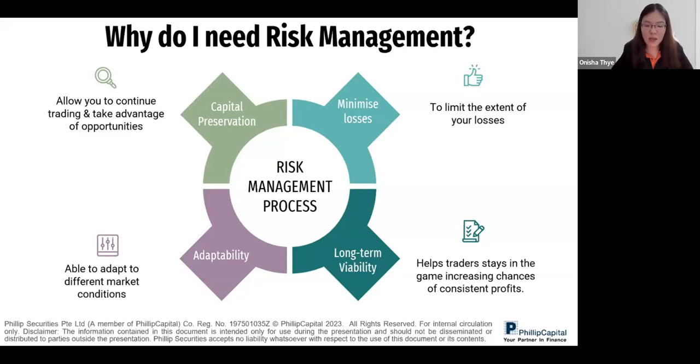Most important of all, trading is not a get rich quick scheme. It requires a really long-term endeavor to make consistent profit, because consistency is the key here.